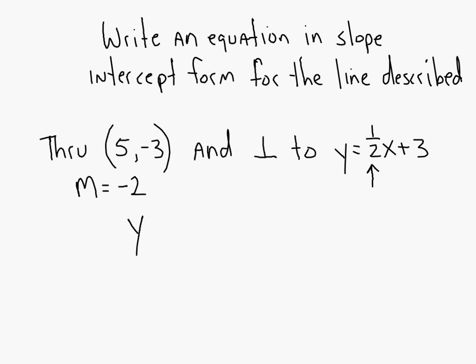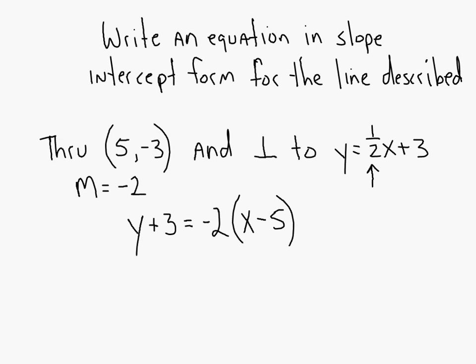Sure, Ronaldo. y plus... y and the... opposite of your y value. Good. y plus 3 equals -2 times (x minus 5). Good. Now, that's in point slope, isn't it?